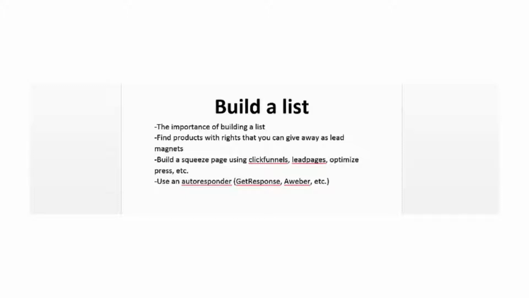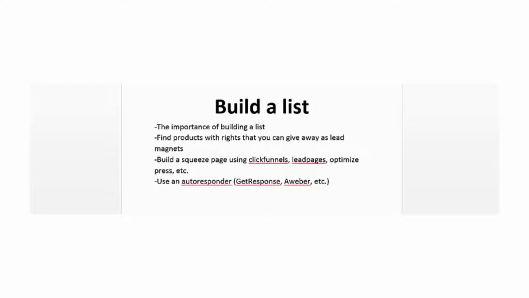Now, first, okay, so if you want to build a list, you have to have a squeeze page or a landing page, which is a page that your potential leads would first visit, and that is where they are offered a free gift and they would fill in their information on an opt-in form. Okay, so to build a squeeze page, there are many tools out there. You could just go on YouTube as well. There's some free video tutorials, and you could also purchase software such as ClickFunnels, Lead Pages, and Optimize Press.